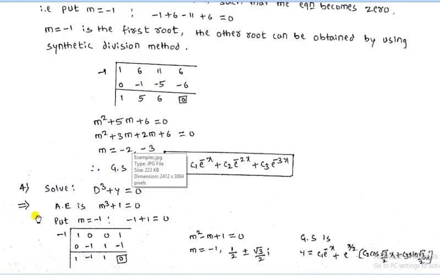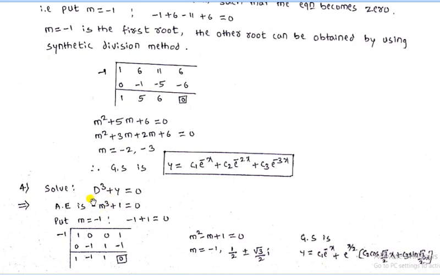Now the fourth example, solve D cube plus 1 into y equal to 0. Solution: its auxiliary equation is m cube plus 1 equal to 0, where D is replaced by m. So m cube means again it is cubic, it has 3 roots here.